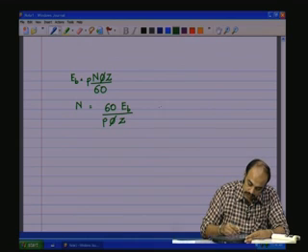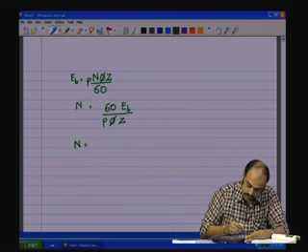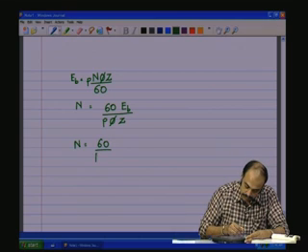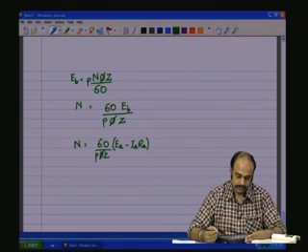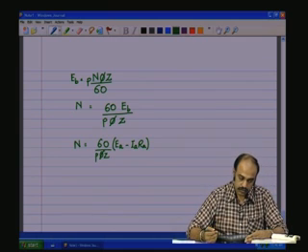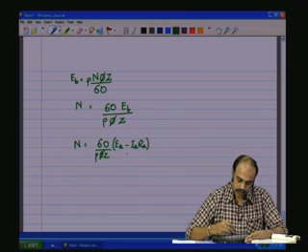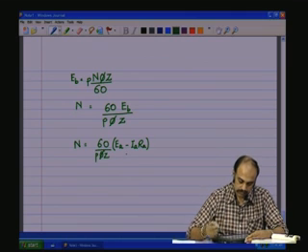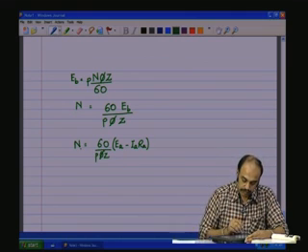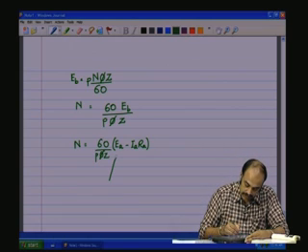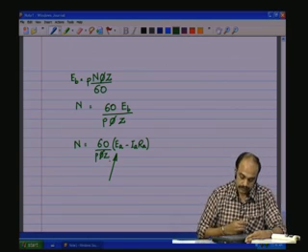EB, which is P phi Z, is actually E A minus I A R A. So, this would be the exact speed that one obtains in a DC motor for a given applied voltage.